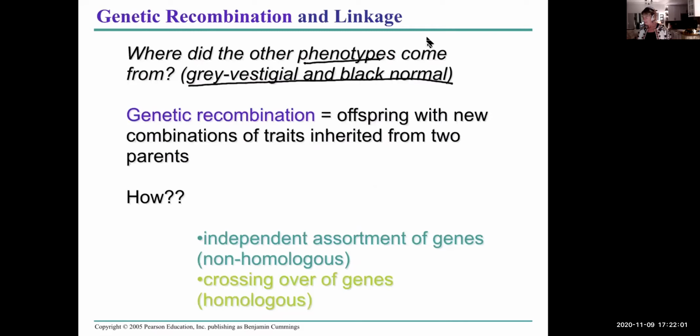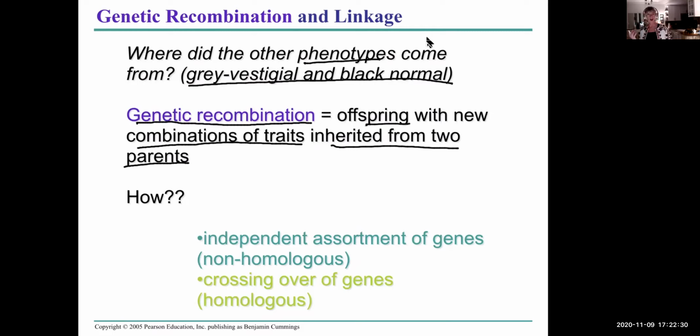Well, there is a way in which chromosomes are recombined. Genetic recombination is when the offspring, that's you and me, have new combinations of traits inherited from the two parents. If we look at all of the genes that we've inherited from our parents, well, they're different.